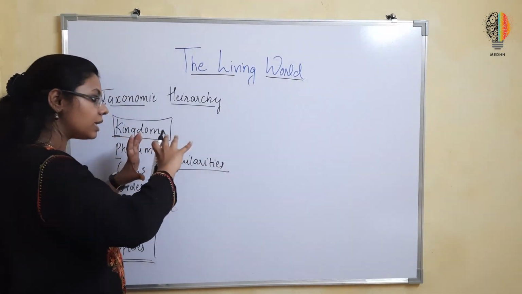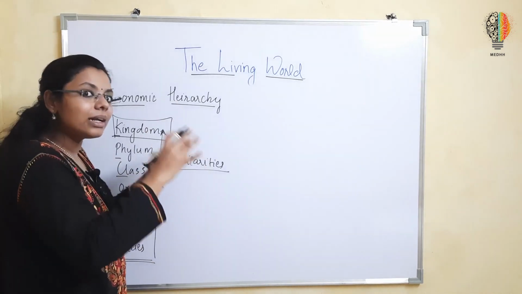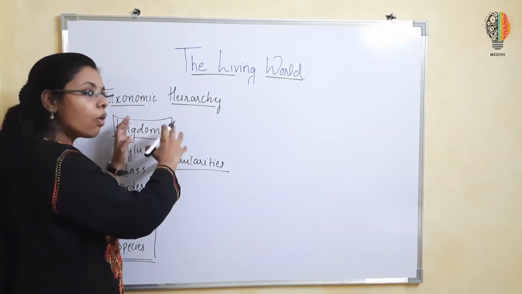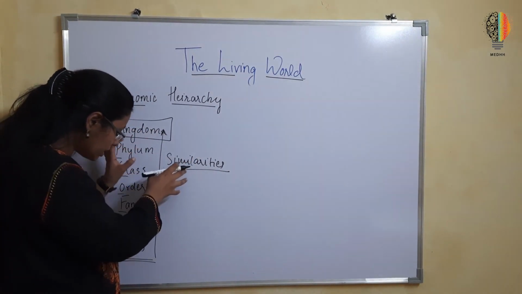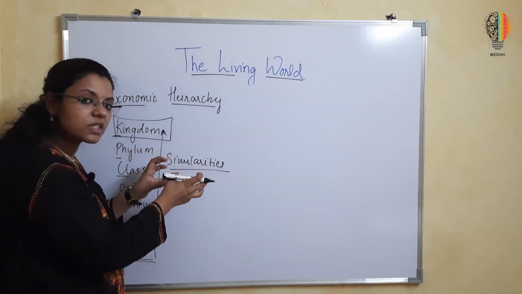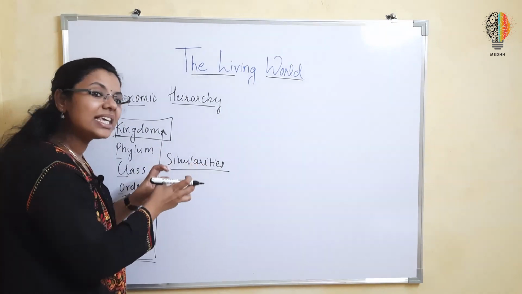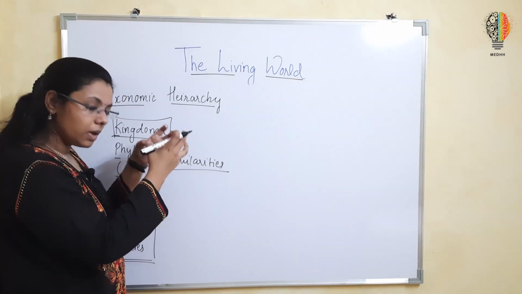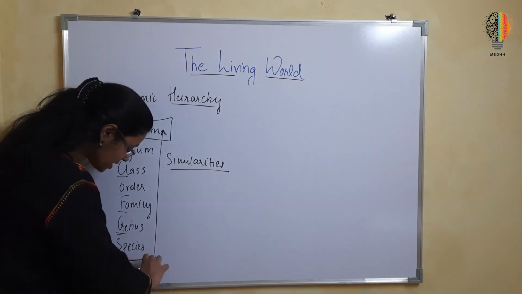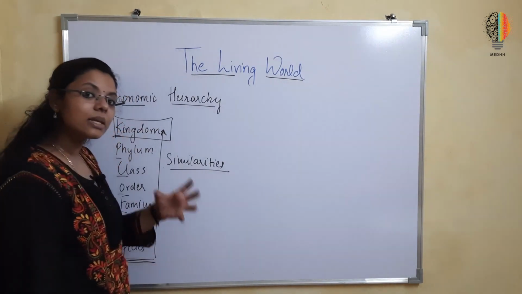So it is still difficult to learn a whole kingdom. Then as we go down, the groups become smaller and it becomes easier to study, because the characteristics, as we narrow it down to species, are similar to each other.